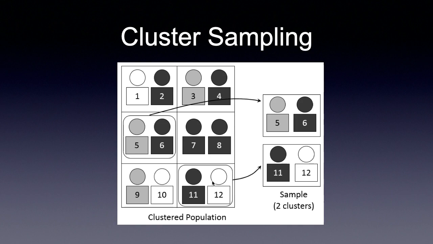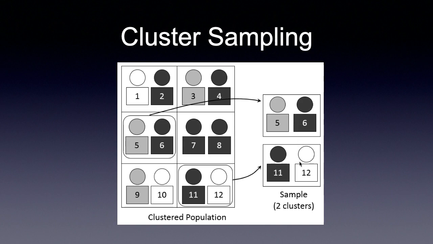Then the idea is that you pick a subset of clusters, and notice here in this picture we have this one chosen and this one chosen, and then we do a little random sampling in here. So we chose number 5 and 6, and then here we chose this cluster and we brought these people over.